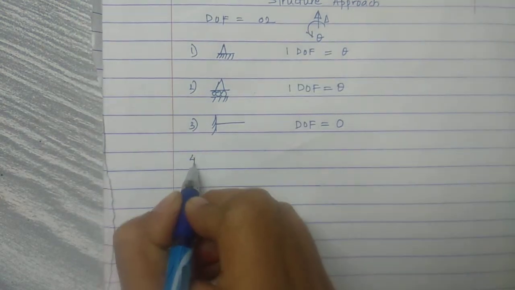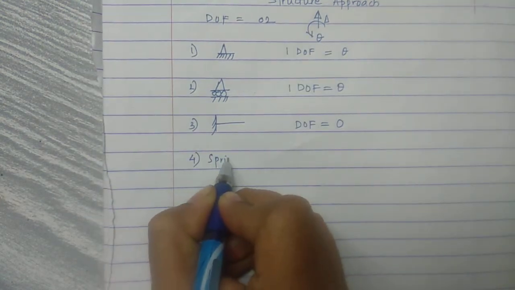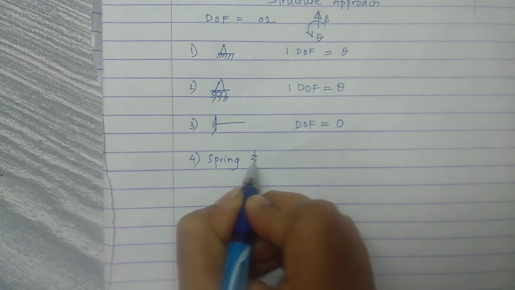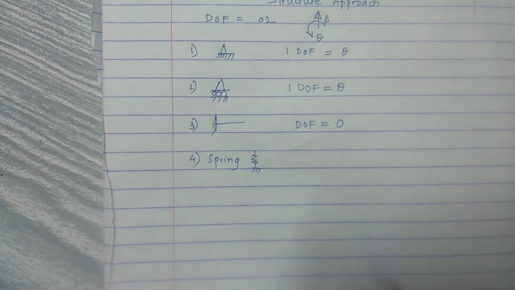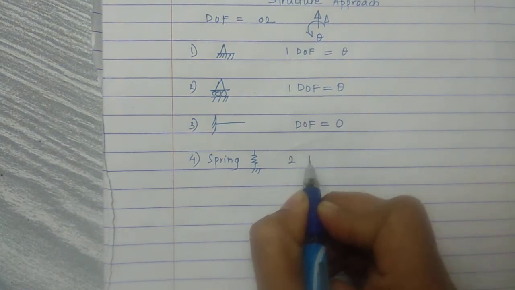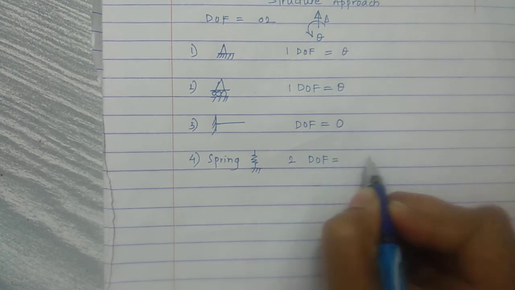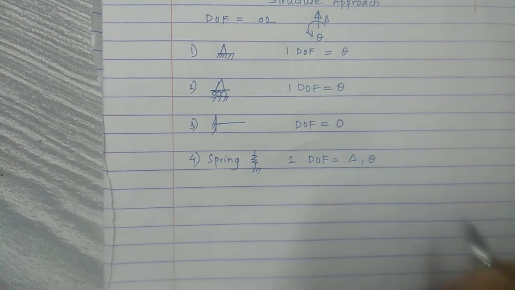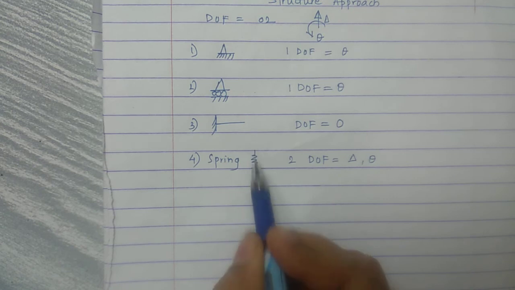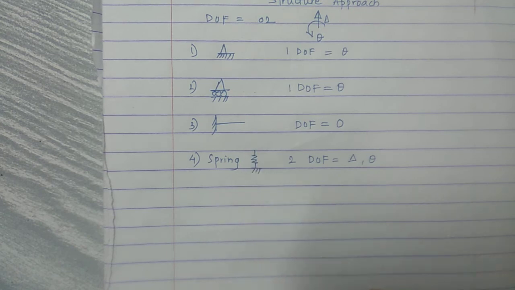Next support, spring support. We have already seen there are 2 degrees of freedom for a spring support, and those are delta and theta. The spring can move as well as rotate.